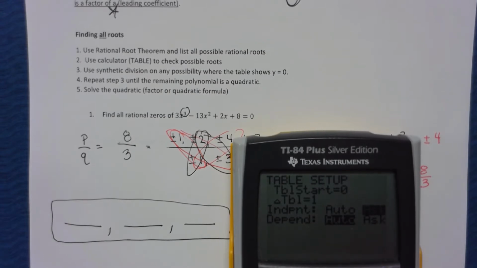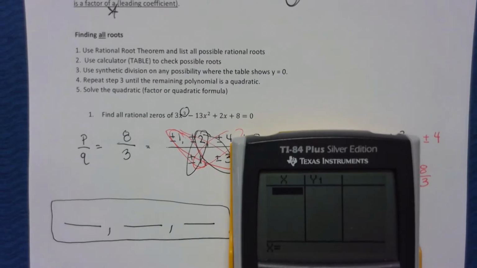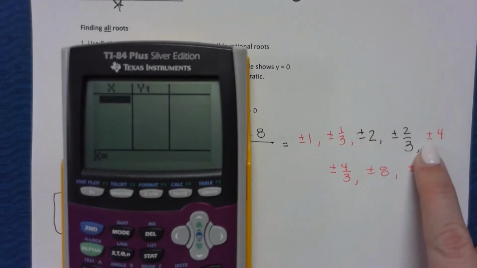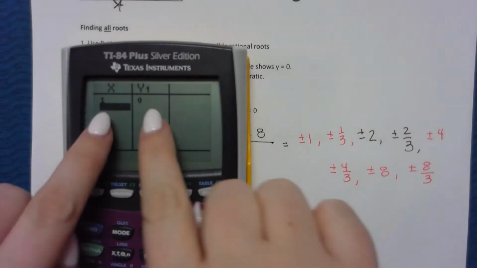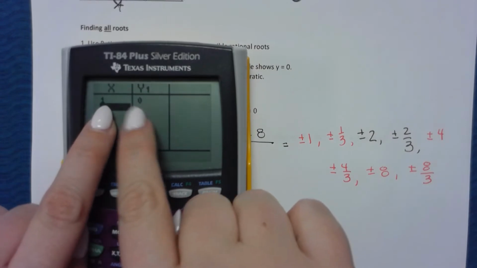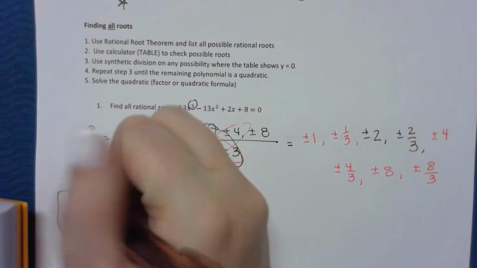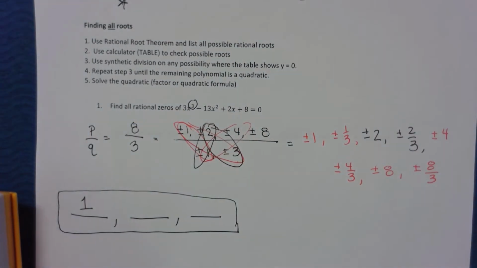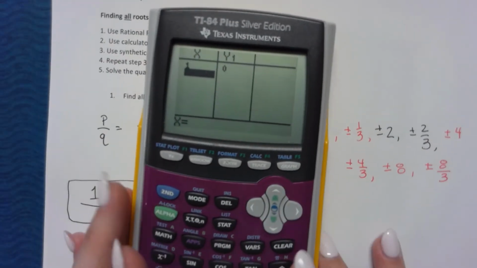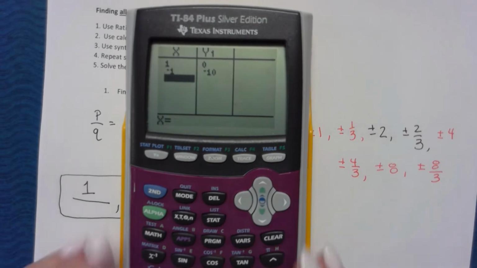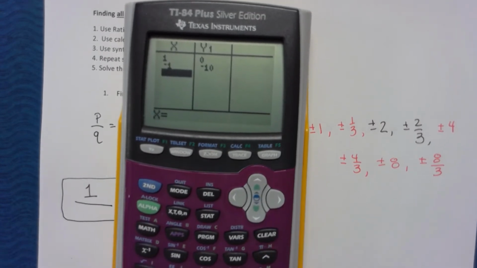So I'm going to go to my table now, so second graph, and I'm going to start typing in some of these. So 1. Oh look, because when I typed in 1, I got a y value of 0, that means it's a 0. So 1 is one of my answers. Boom. Okay, now let's try -1. That didn't work. Now let's try -1/3. That didn't work. What about +1/3?